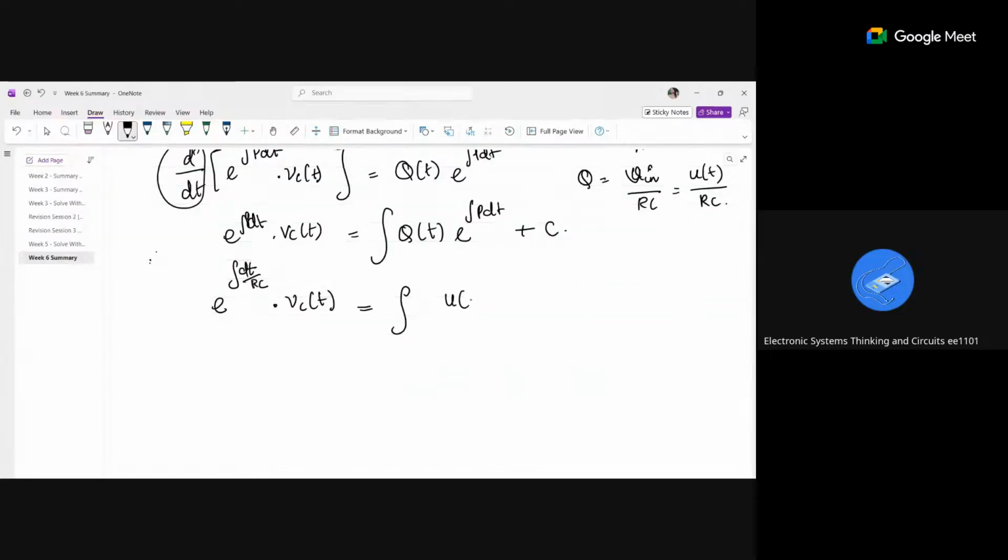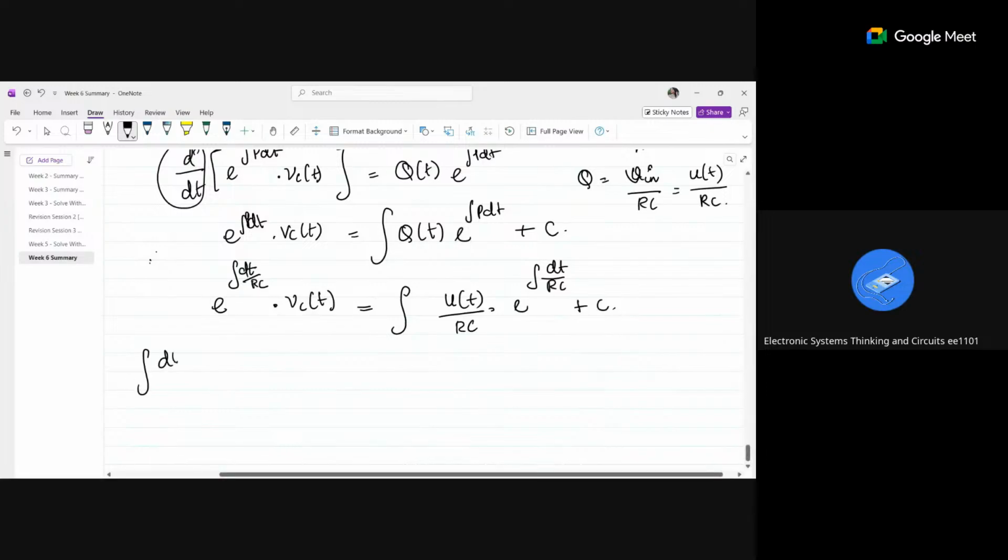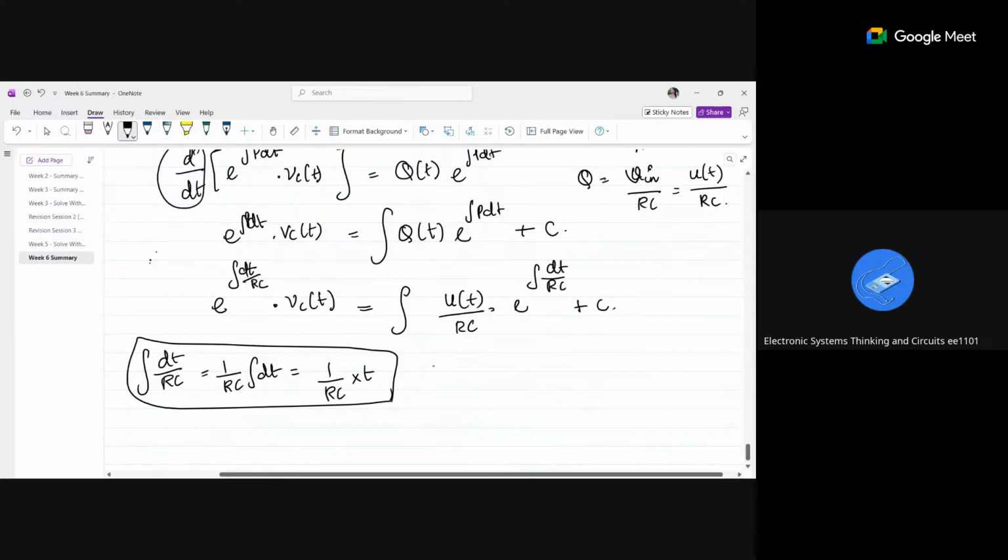Instead of q, I will write u of t by rc e power integral dt by rc plus c. What is integral dt by rc? 1 by rc is a constant, integral dt is t, so 1 by rc into t, right? Yes, ma'am.